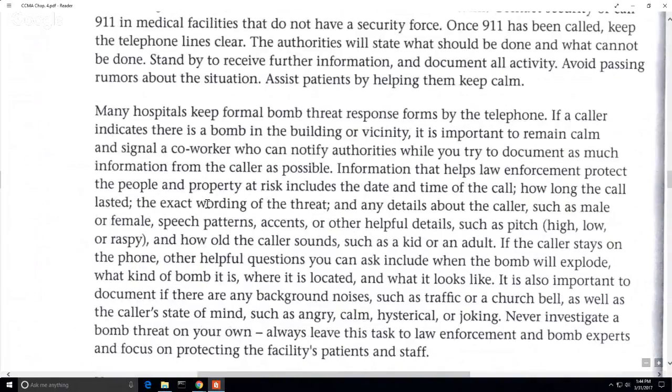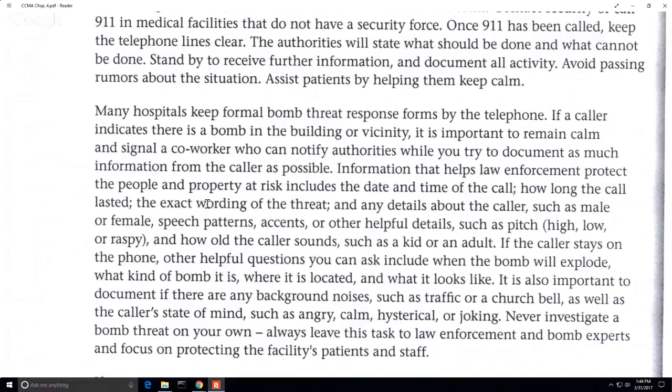Many hospitals keep formal bomb threat response forms by the telephone. If a caller indicates there is a bomb in the building or facility, it is important to remain calm and signal a coworker who can notify authorities, while you try to document as much information from the caller as possible.